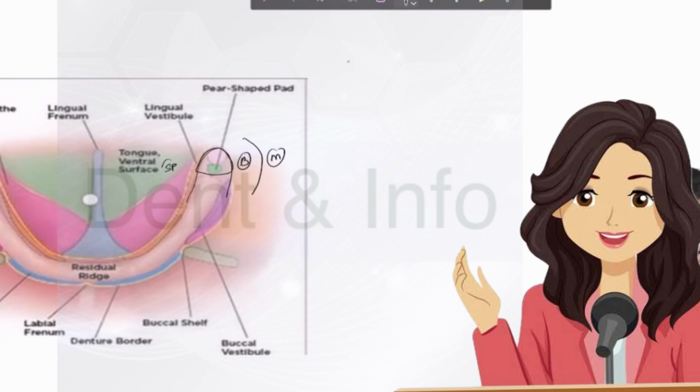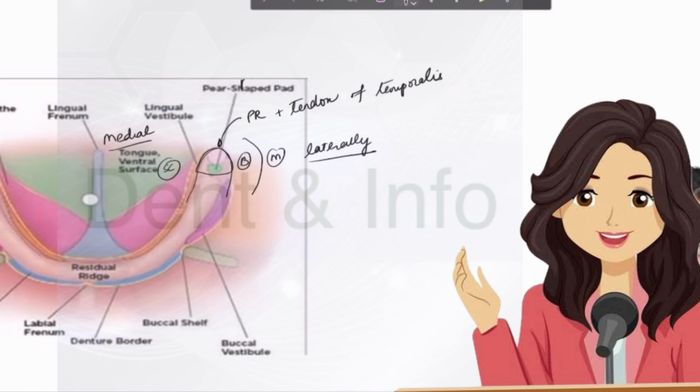If we come medially, we see superior constrictor, which is a pharyngeal muscle on the medial aspect. So this would be medially, this would be laterally. Anteriorly, we don't have anything. Posteriorly, you have your pterygomandibular raphe plus tendon of temporalis.